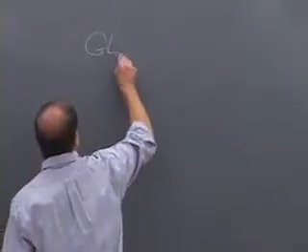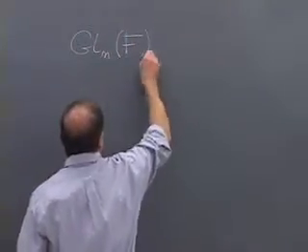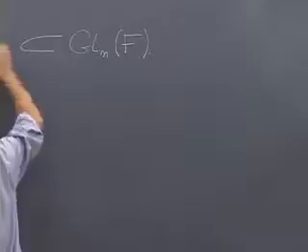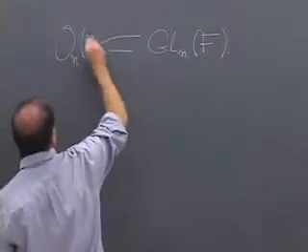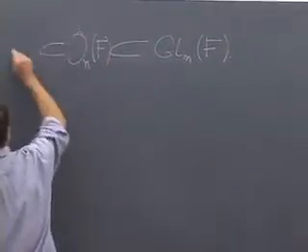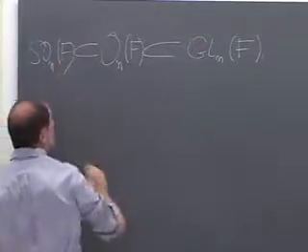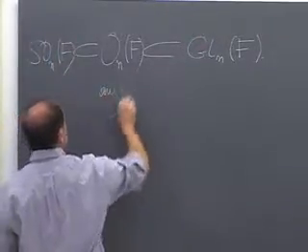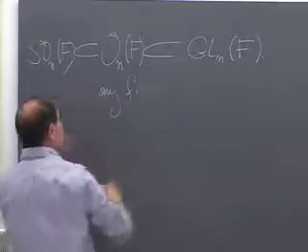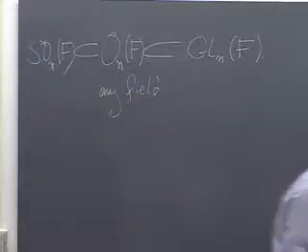Okay, now we have this group that I call GL_n of F for any field. Now we're going to define a very interesting subgroup of it, which I'm going to call O_n of F. And then we're going to define a subgroup of that, which I'm going to call SO_n of F. And that works for any field. We're going to show that they have some interesting matrices in them.